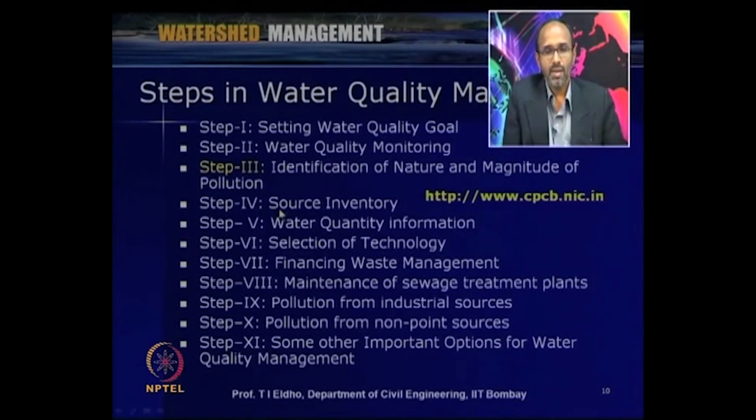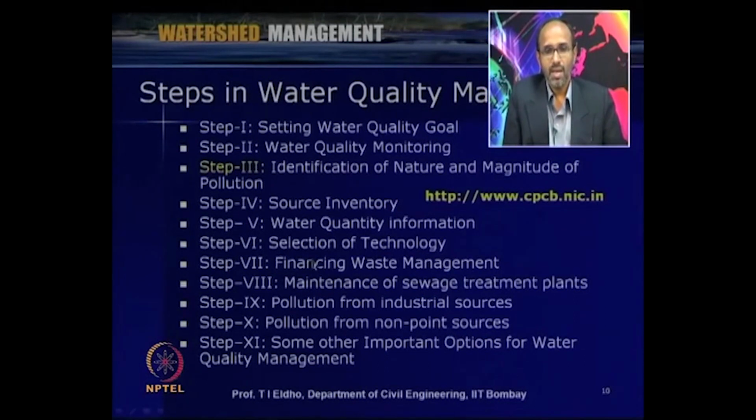Then the next one is source inventory, and step number 5, water quantity information, say what is the quantity of available water and what type of water, whether it is surface water, groundwater, or where is the source of this. Then step number 6, selection of technology.